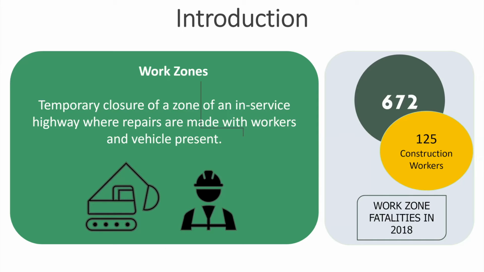But sometimes to maintain an efficient transportation system, we need to perform construction work, maintenance and repair activities, and oftentimes we're unable to close those roads to traffic. So when that occurs, we have work zones. A work zone is a temporary closure of a zone of an in-service highway where repairs are made with workers and vehicle present. So they pose a series of challenges that we need to address.